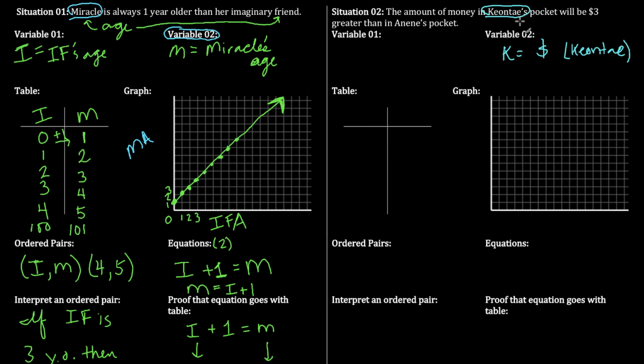And we compare that to the money in Nene's pocket. So this is the money for Nene. Oh, I should probably not put that in the same color. That was the whole point. So this is the money for Nene's pocket.